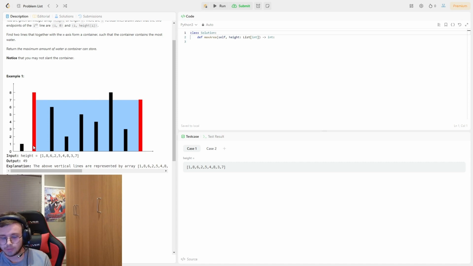You're always restricted by this lower number for calculating the max height. It's always the lower lip of the container. So without any other knowledge, it does make more sense to move the lower vertical line.